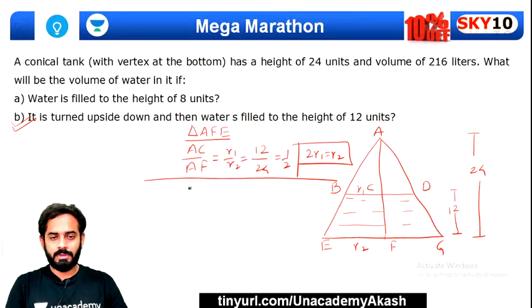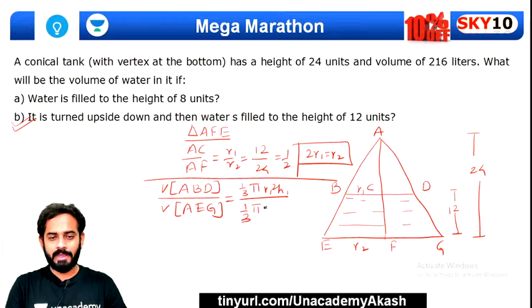Now, volume of ABD upon volume of AEG is equal to 1 by 3 pi R1 square H1 upon 1 by 3 pi R2 square H2.